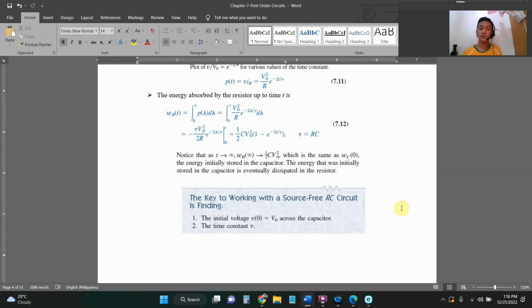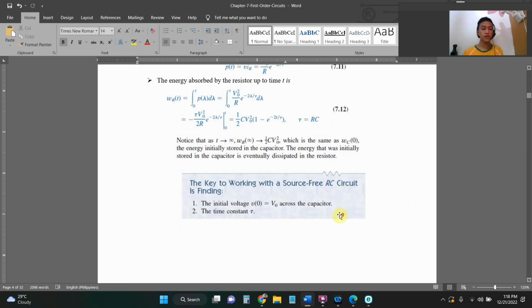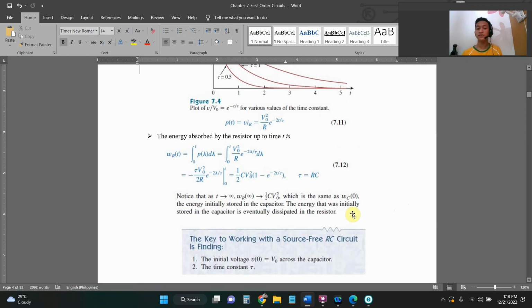So we can get 1/2 CV squared (1 minus e raised to negative t over tau), where tau, as we remember, is equal to RC. As t approaches infinity, the energy stored in the resistor is 1/2 CV squared, which is the same as the energy initially stored in the capacitor.